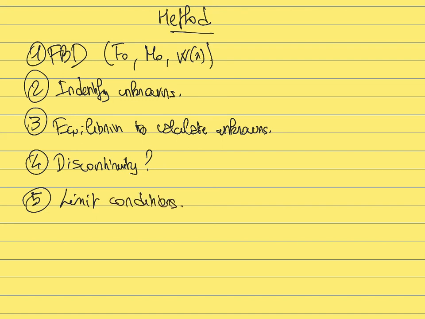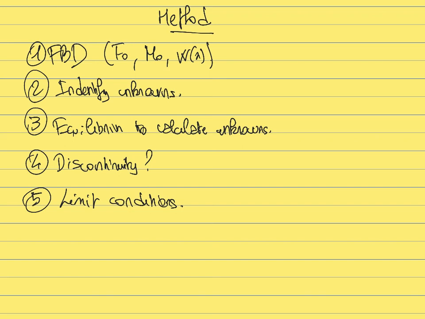Once you have identified the discontinuities, then you will need to identify the limit conditions. Again, this is due to the fact that at the two extremities, the internal shear and internal moment will become equal to the external shear and external moment. Remember that for this to work, the external shear and external moment on the left or on the right must be expressed with the same sign convention as the one you expect for the internal shear and internal moment.